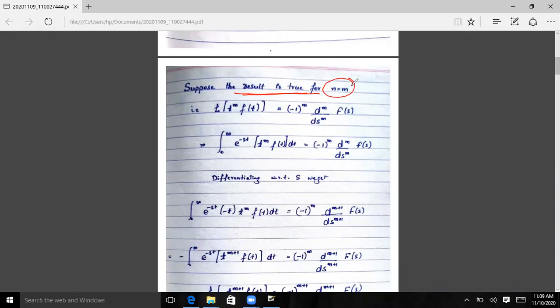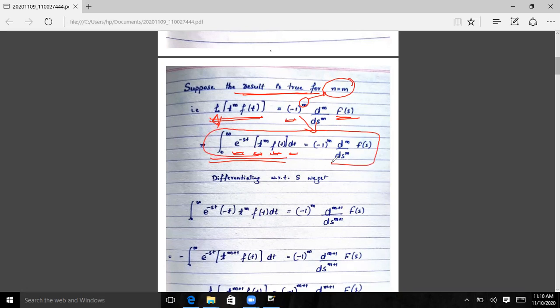We write it once again: the Laplace transformation of t to the power m into f of t is equal to minus 1 to the power m, d to the power m by ds to the power m of F of s. Writing the integral, the integration over 0 to infinity of e to the power minus st into t to the power m into f of t dt is equal to minus 1 to the power m, d to the power m by ds to the power m of F of s.